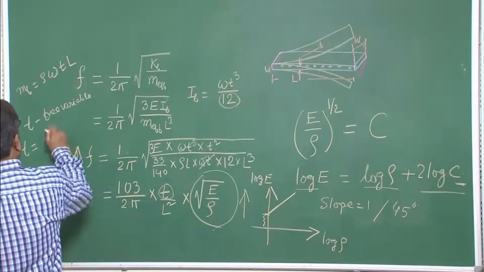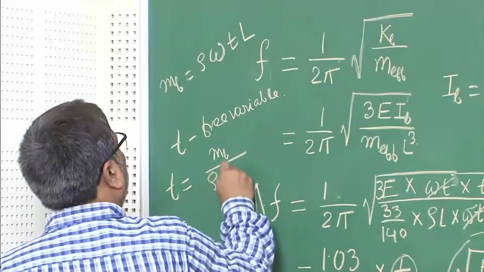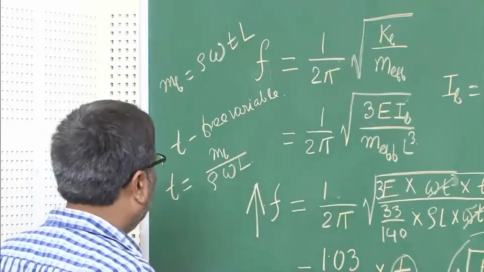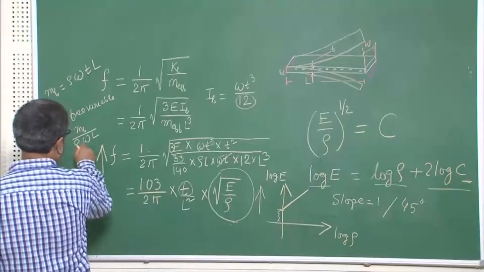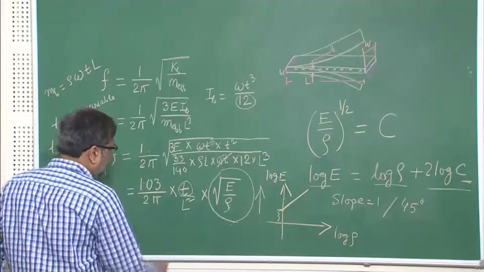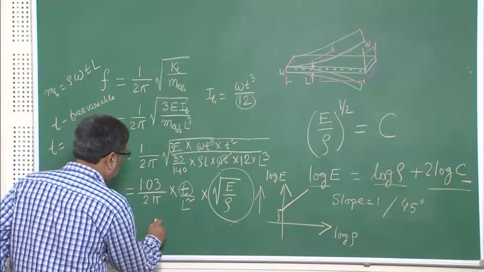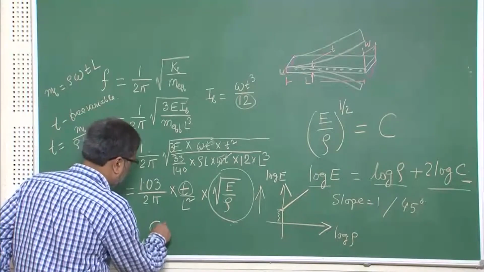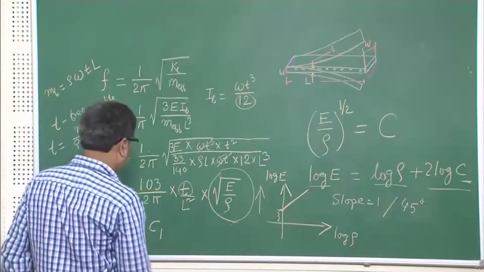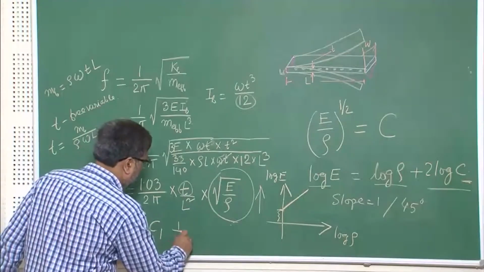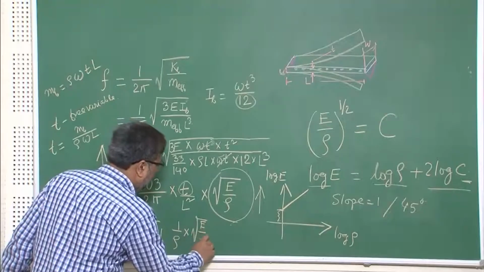So, T is nothing but m b over rho w L. Even if I take everything out, we still have a rho term here. So, our constant f will be a new constant, let us call it C1, and then there is a rho term here. It will become 1 over rho times square root of E over rho.